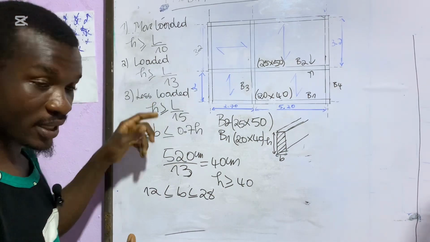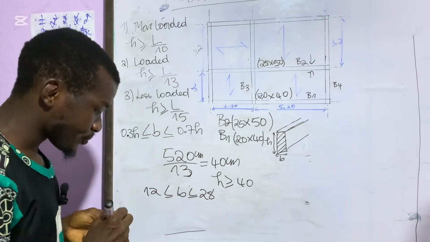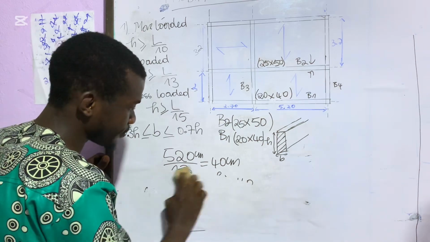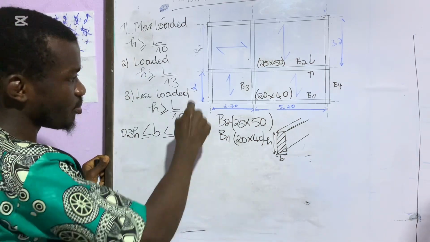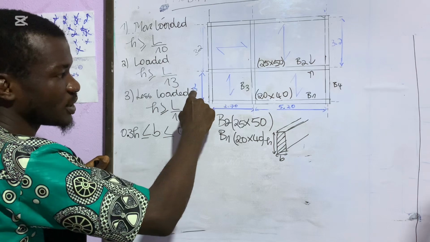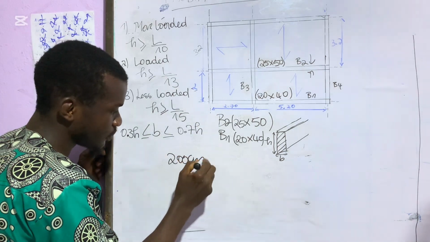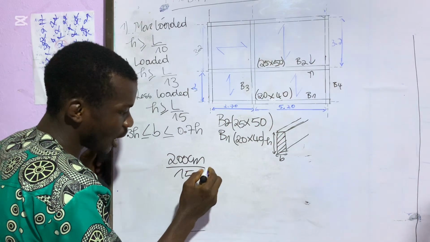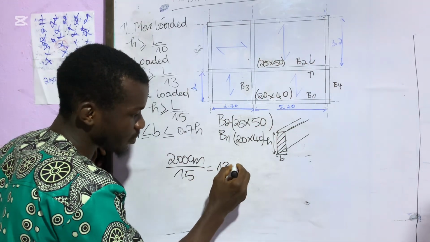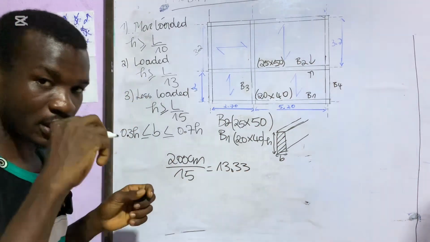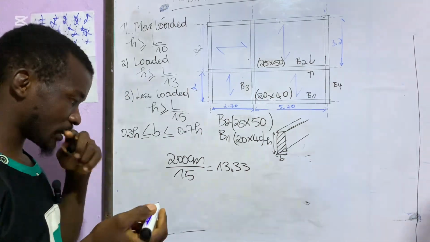This is the third case. So if we erase here, we now take the span of this B3, which is 2 meter, or 200 centimeter. We divide by 15. I've already made the calculation once, so it will give us 13.33. You can check it with your calculator, 13.33.